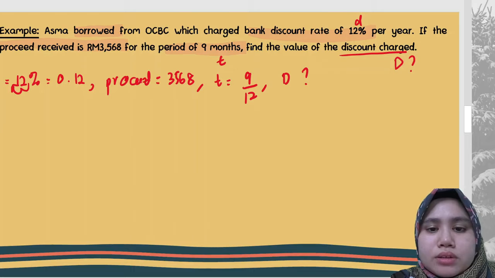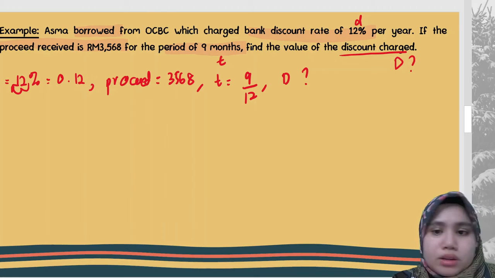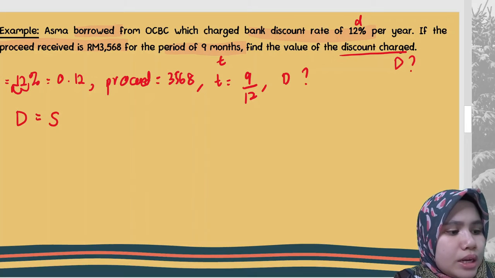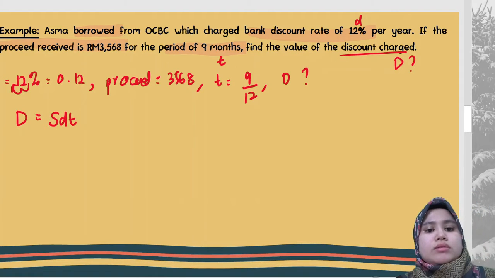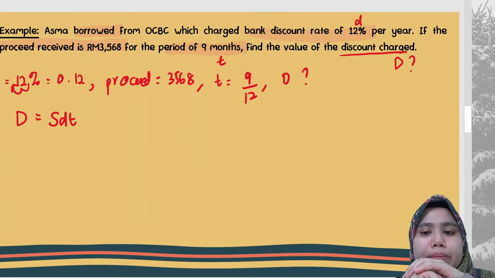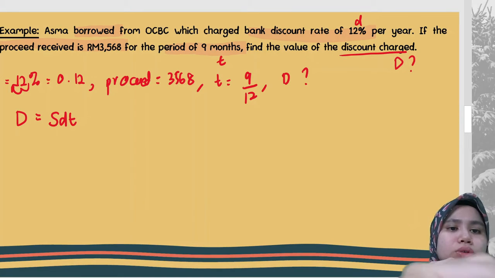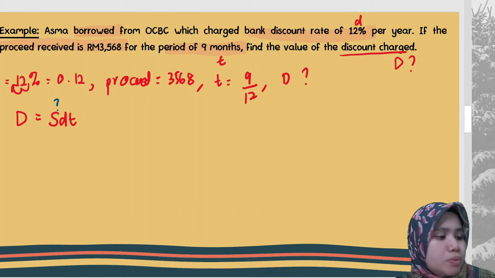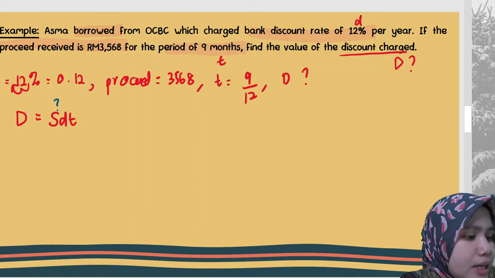So here, our formula, we have D equal to S d T. But if you want to use this formula, you don't have your S, and you didn't use your proceed. So let's look at another formula.